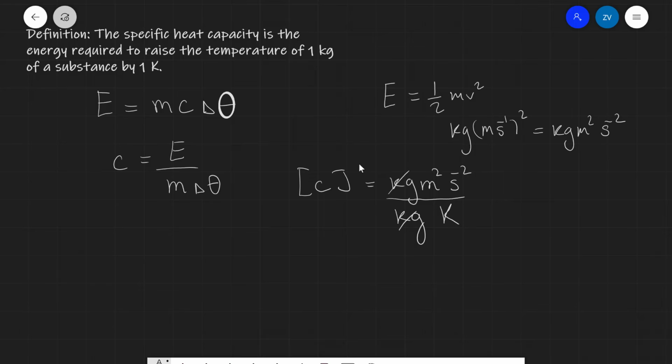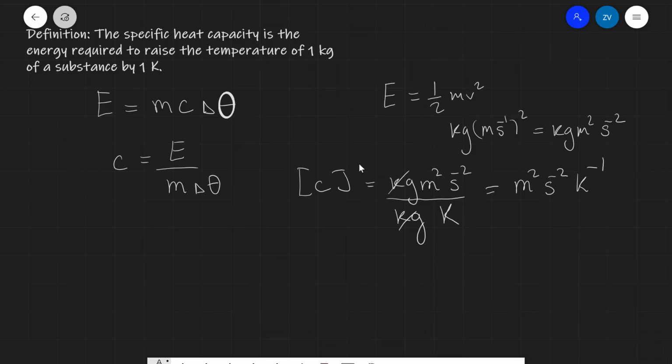So the units for specific heat capacity are going to be, when the kilograms actually cancel, meters squared s to the power of -2 K to the power of -1.